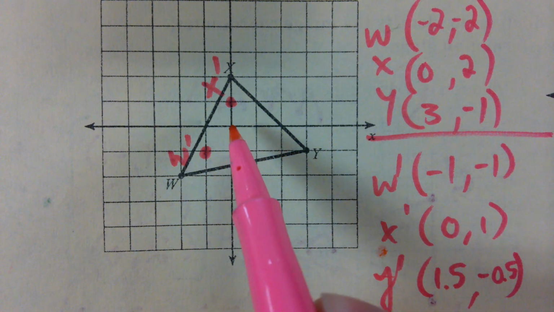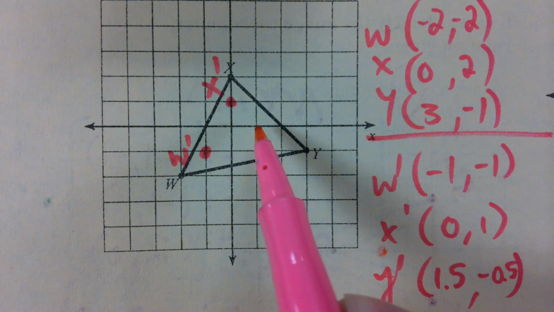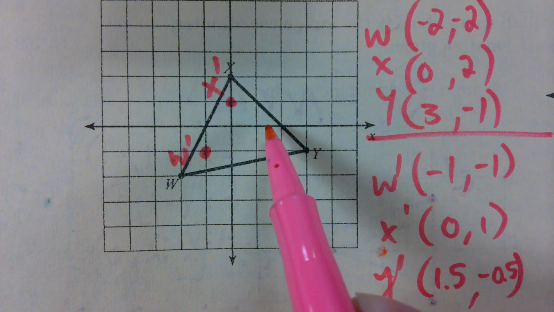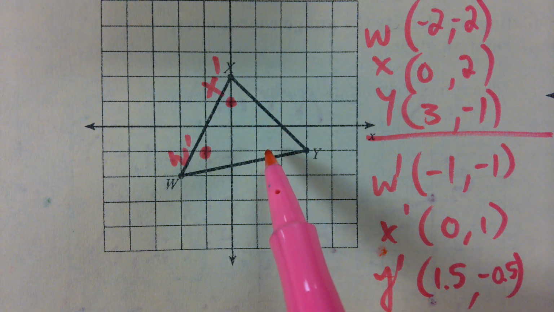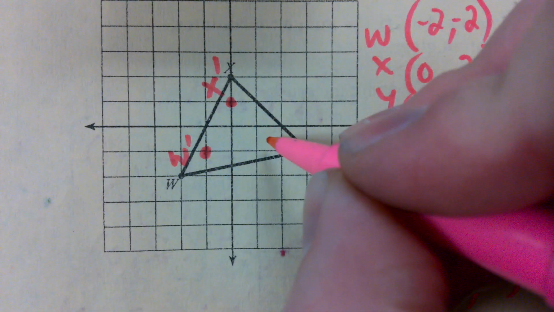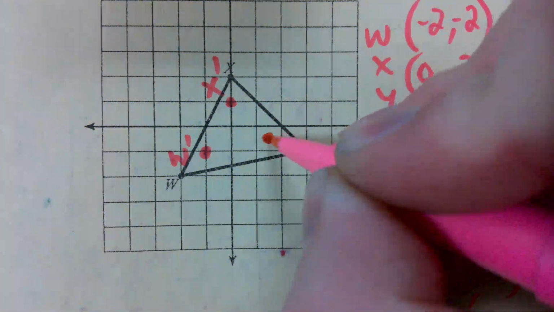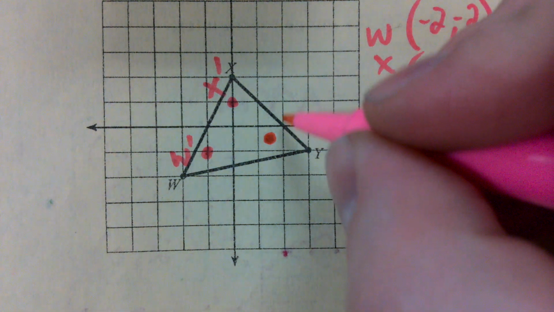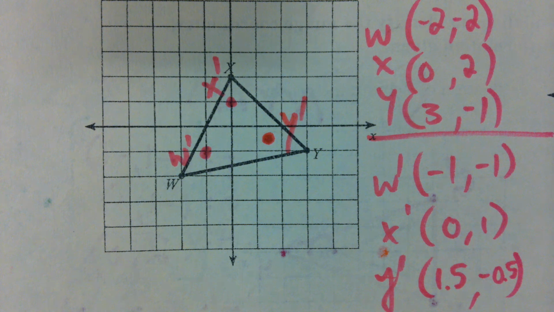So if we start at the origin, there's 1, there's 2, so 1.5 must be right in between. Just cut it in half. Here's going down 1, so if we're just going down 1/2, we'll only go down half that distance. Our point ends up right there in the center of that square, and we can label it Y prime.